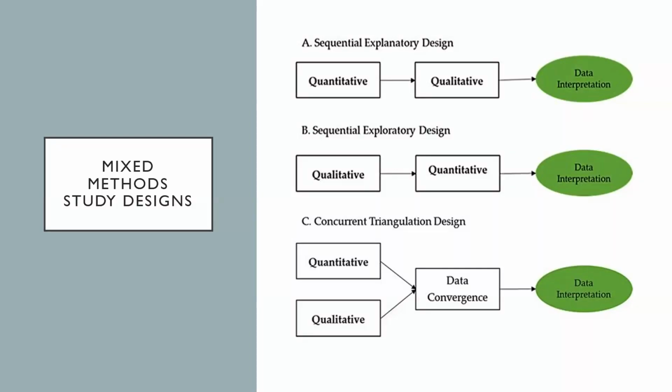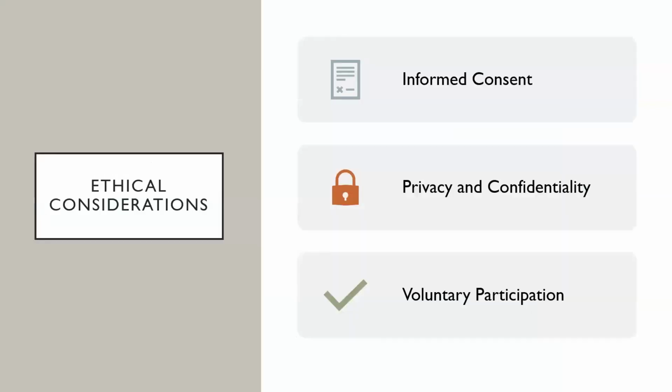Sequential exploratory design, you use qualitative techniques to then inform what kind of quantitative techniques you should use to further a study. And then concurrent triangulation studies focused on using mixed method approaches to cross-validate and compare and contrast things. So you're collecting data simultaneously. You're collecting quantitative, qualitative data simultaneously to converge on certain ideas or topics. And so those are the tools that you can use.